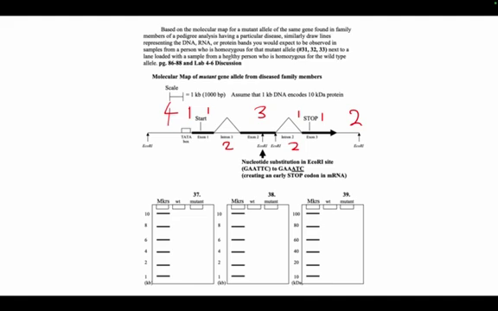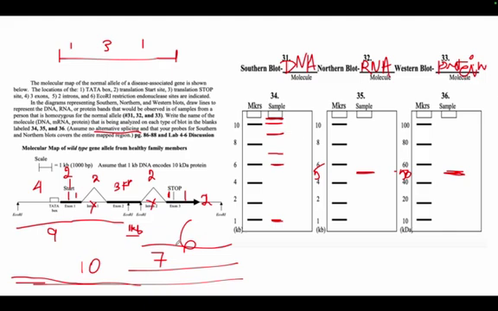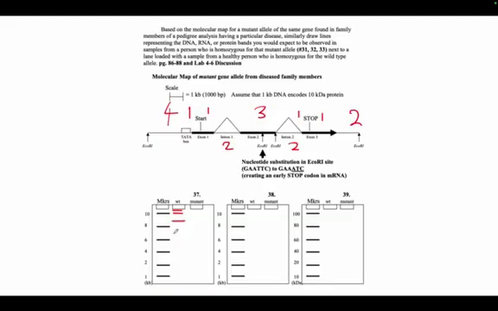Okay. So we already discussed what bands will be present in the wild type. If we look at the DNA bands for the wild type, we have 10, we have 16, we have 9, right? We have 7, we had 6, and we had 1.